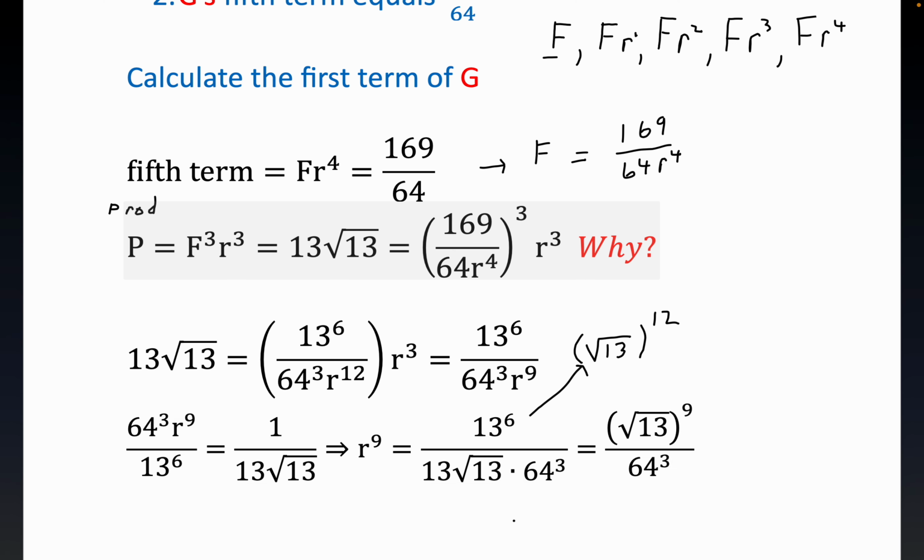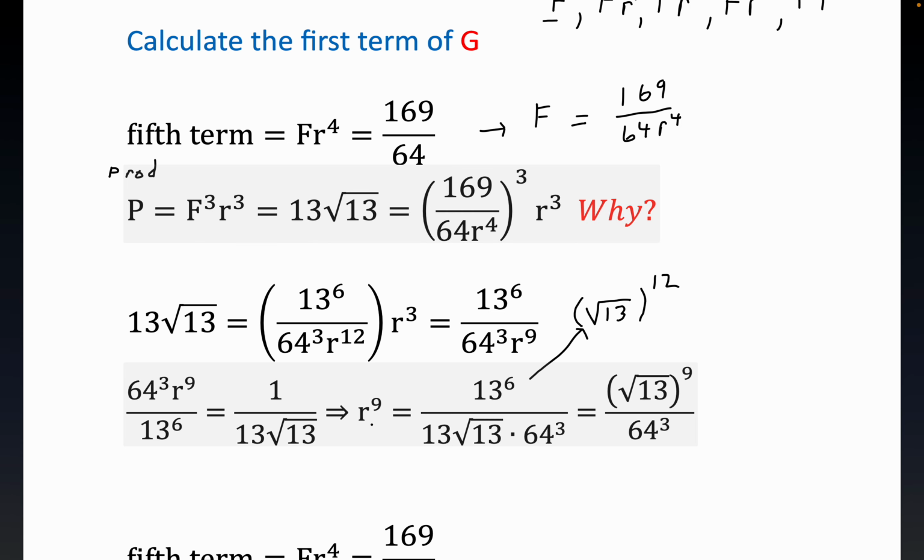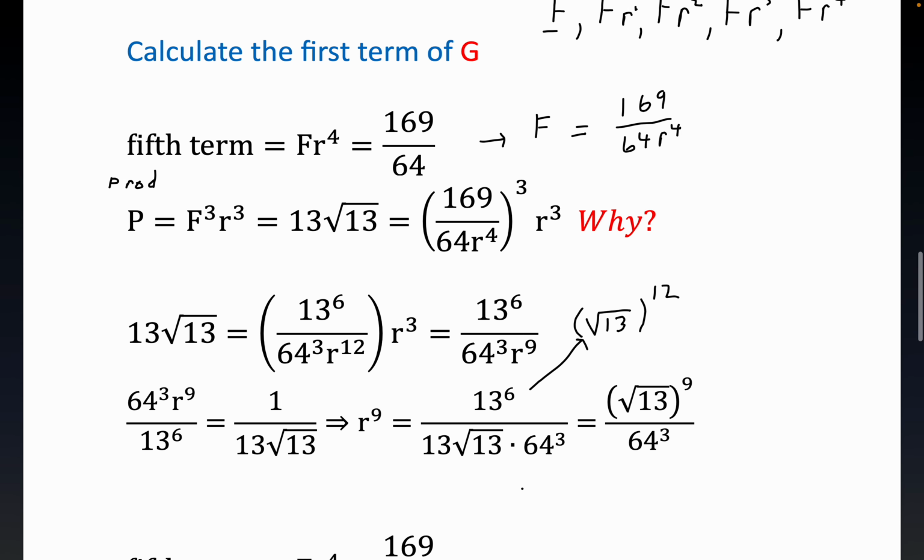So anyway, hopefully this is all clear. We get down to this position where we have r to the ninth is equal to this. If you take the ninth root of both sides, you get r is equal to root 13 upstairs. That's nice, right? The ninth root of something raised to the ninth power is the something.